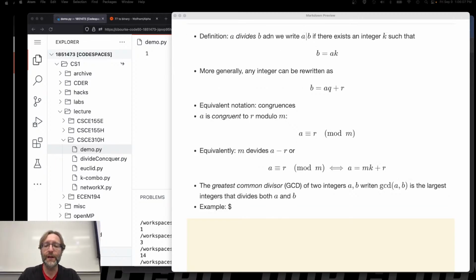what is the GCD of, say, 60 and 210? Well, does 60 go into 210? Not evenly. Generally, how would you do this?